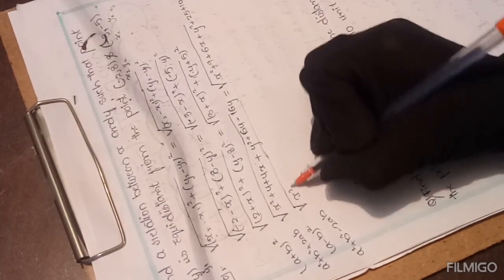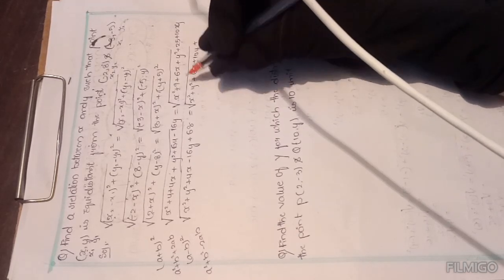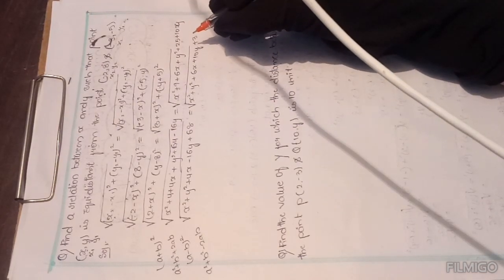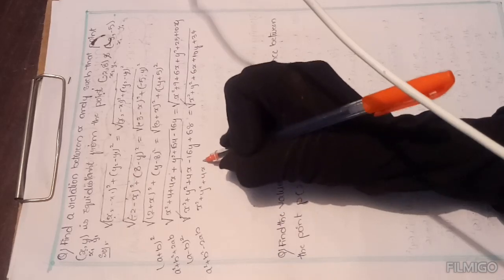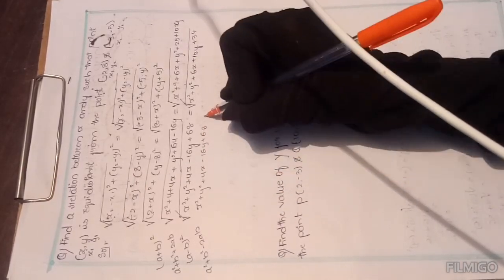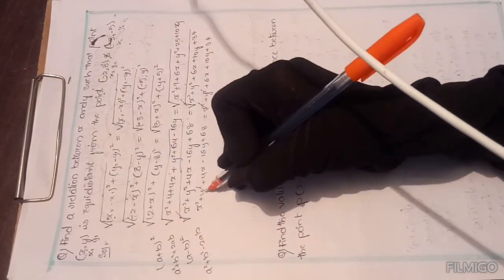It can be written as x square plus y square plus 4x minus 16y, plus 64 plus 4, which is 68, equals x square plus y square plus 6x plus 10y, plus 25 plus 9, which is 34. The x square and y square get cancelled on both sides.